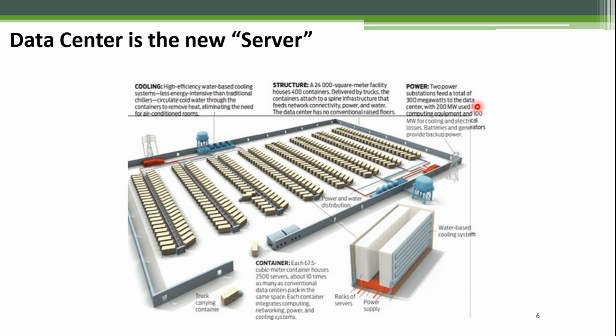Structure-wise, these are very large facilities. One container has around 2,500 servers, which is around 10 data centers, and you can see how many of these containers there are. Look at the capacity of this data center and how much cloud computing power it can provide.